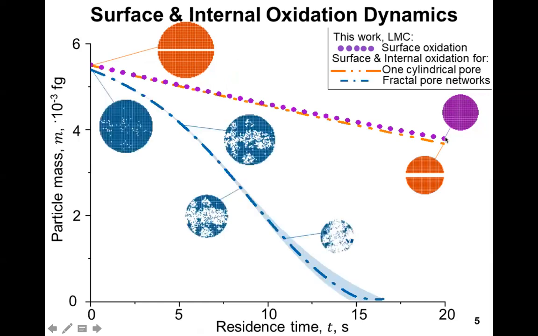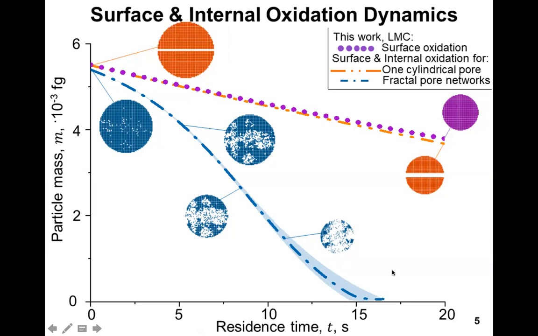Here, you can see, though, the evolution of the particle mass that we obtained for particles containing realistic fractal pore networks. The shaded area that you can see over here quantifies the statistical variability of our model between the 50 pore networks that we used. As you can see, internal oxidation compacts the pore network and results in a very fast reduction of the particle mass.